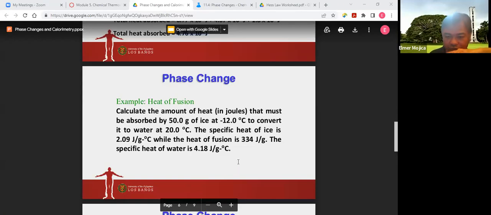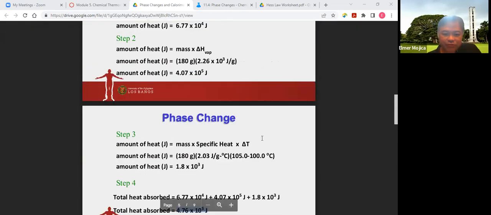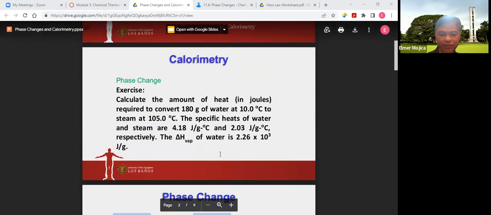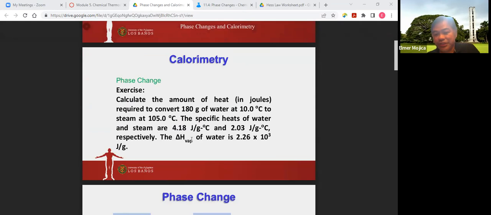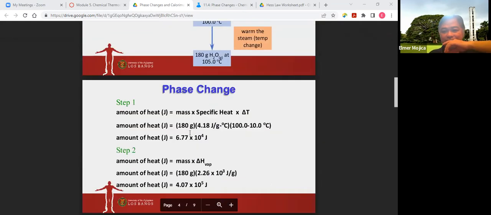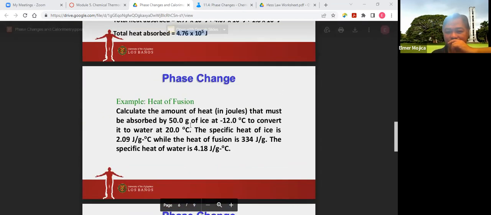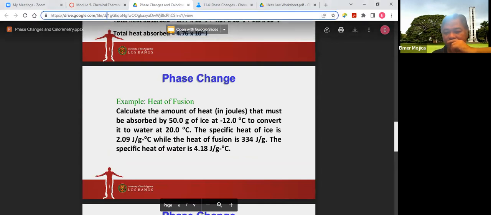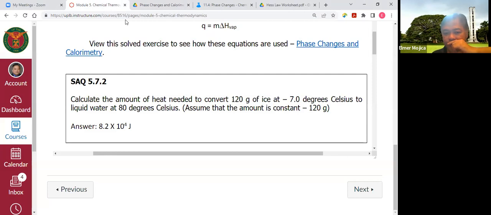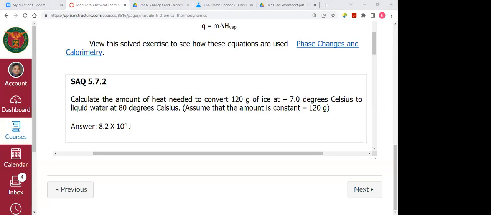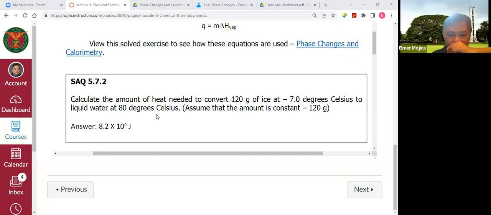So yun yung kailangan mo, yung 334 joules per gram. I think what you use there is heat of fusion, not heat of vaporization. Okay? Clear ba tayo doon? Yes po, sir. Okay?